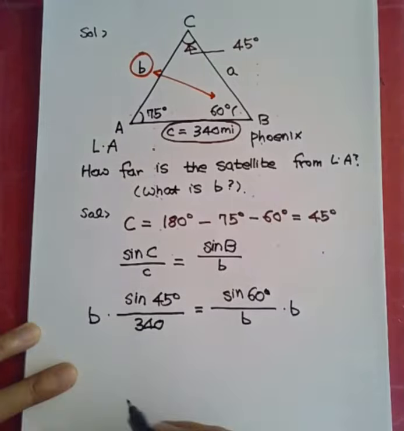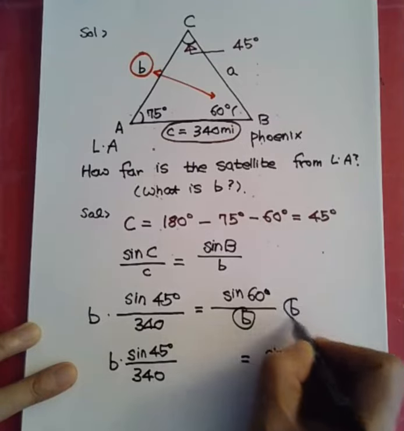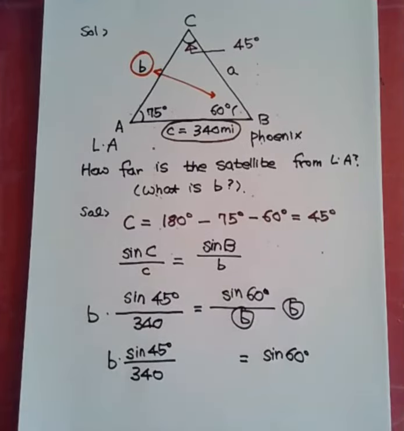That equals sine of 60 degrees. Those will cancel each other. And we multiply by the reciprocal on both sides. 340 over sine of 45 degrees.